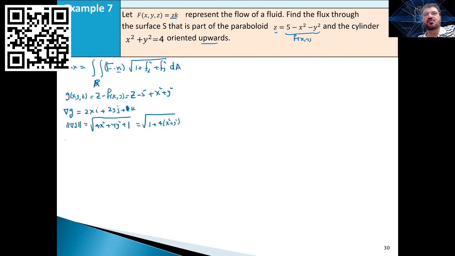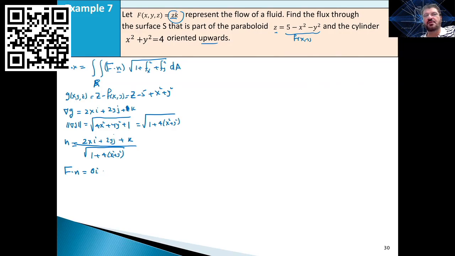So n is going to be 2xi plus 2yj plus k divided by the square root of 1 plus 4 times x squared plus y squared. This is n, guys.